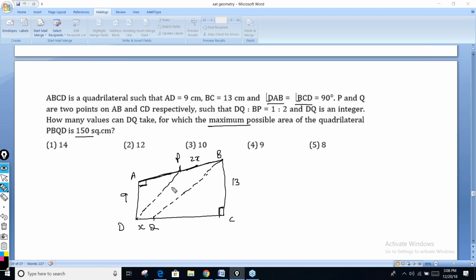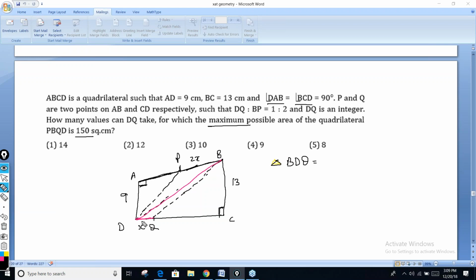So as you can see, for this triangle, if I join DB, this is the base and this is the height, right? So what is the area of triangle BDQ?